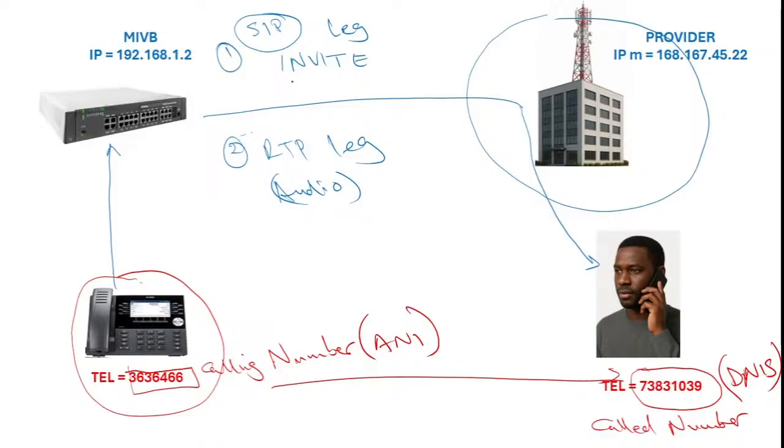When the user here dials this number, 73831039, which is this number here, they are going to send an invite where the IP address of the My Voice business is going to be the from IP address.